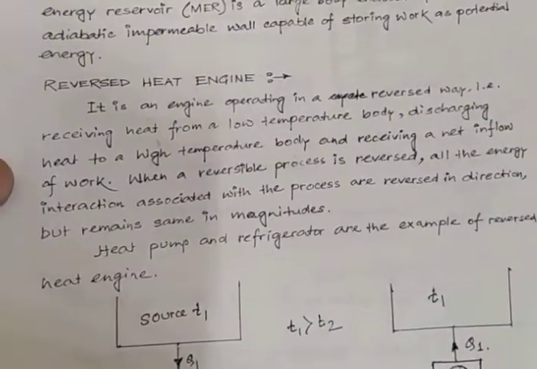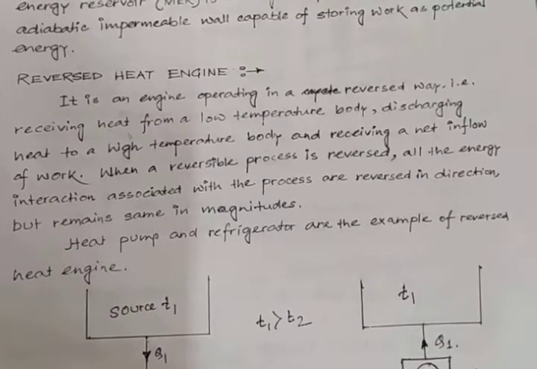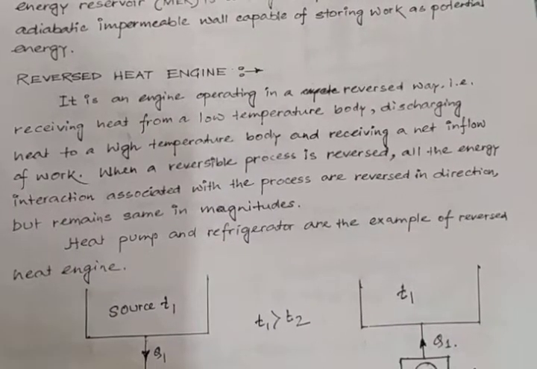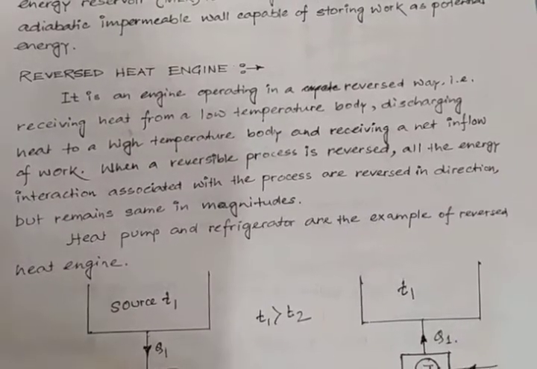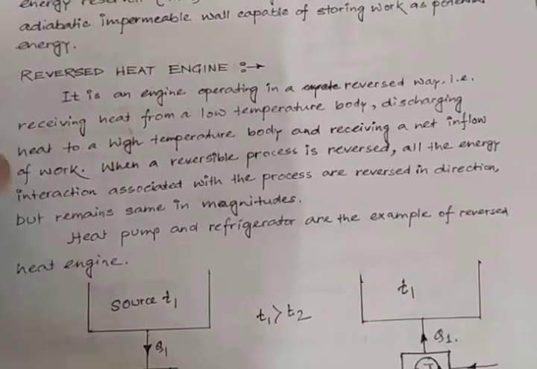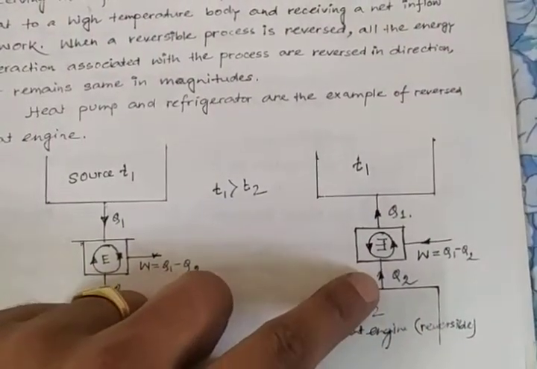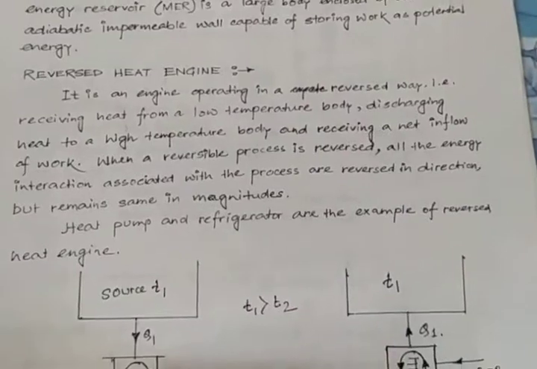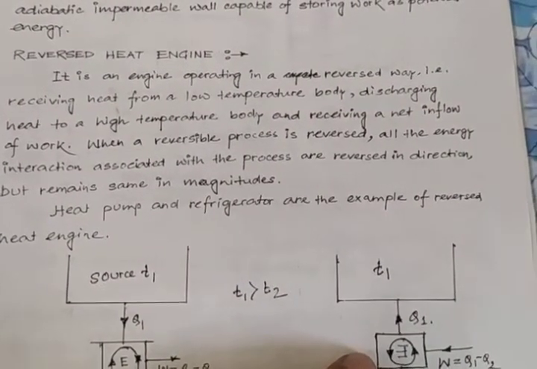This is called the reverse heat engine. It is an engine operating in a reverse way, that is, receiving heat from the low temperature and discharging the heat to the high temperature.